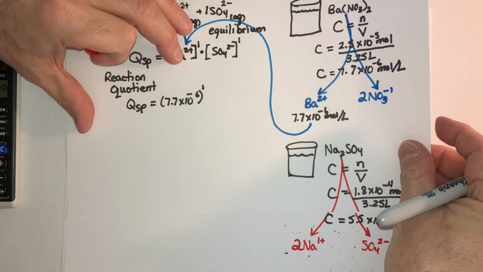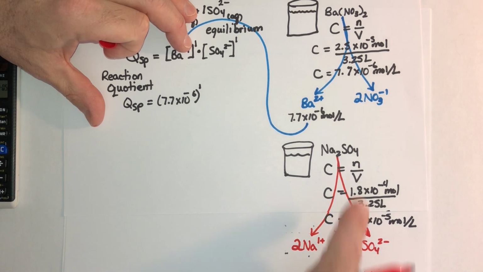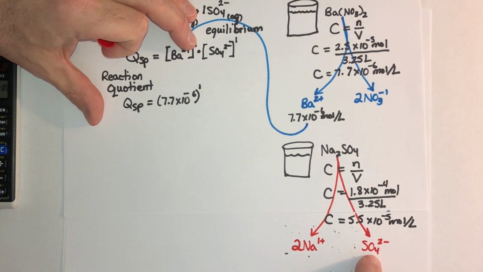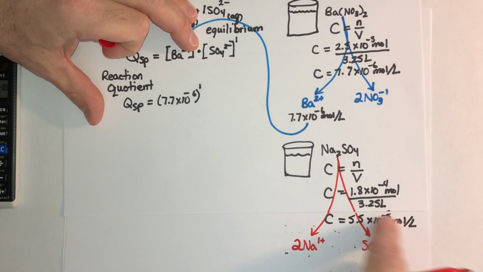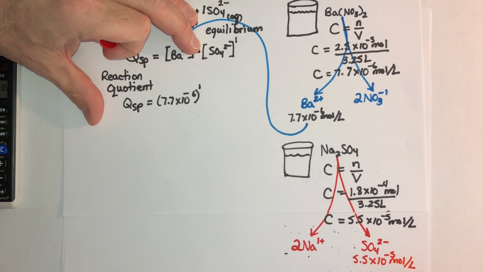So when I take a look at this, it's the sulfate that I'm interested in. And it's a 1-to-1 relationship. For every 1 sodium sulfate, you get 1 sulfate. So if I have this many sodium sulfates, then I have this many sulfates: 5.5 times 10 to the minus 5 moles per liter. Now, let's say you did want to know how many sodiums you have.